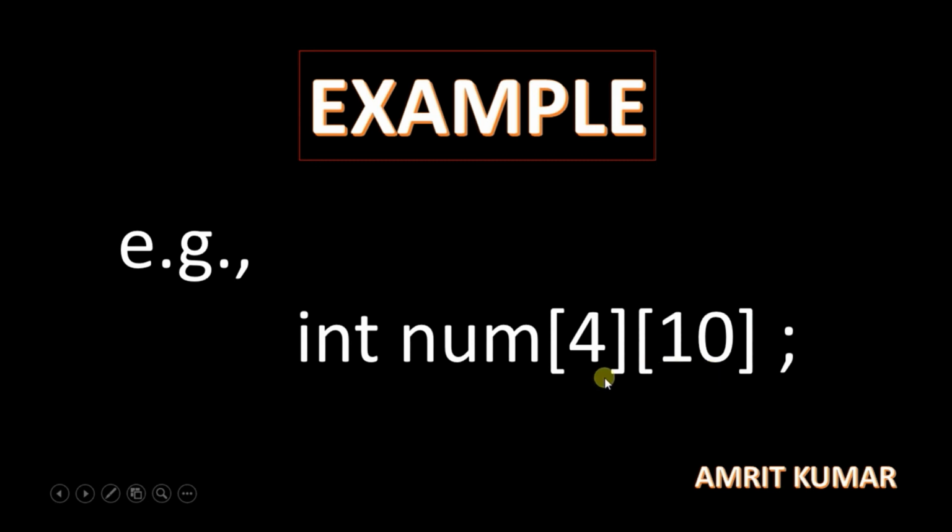The row is indexed from 0 to 3 and the column is indexed from 0 to 9. This is the way we can initialize the two-dimensional array, and this array is going to hold only the integer data type.